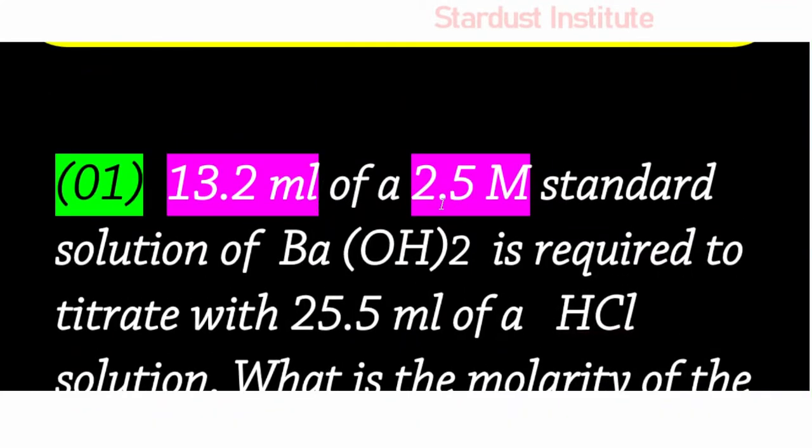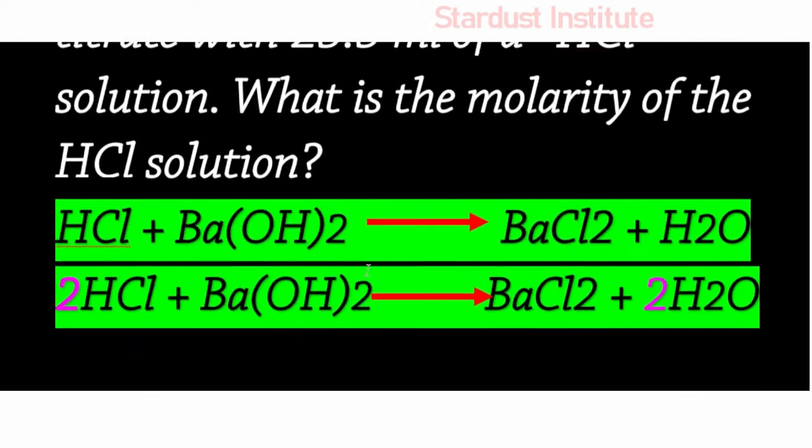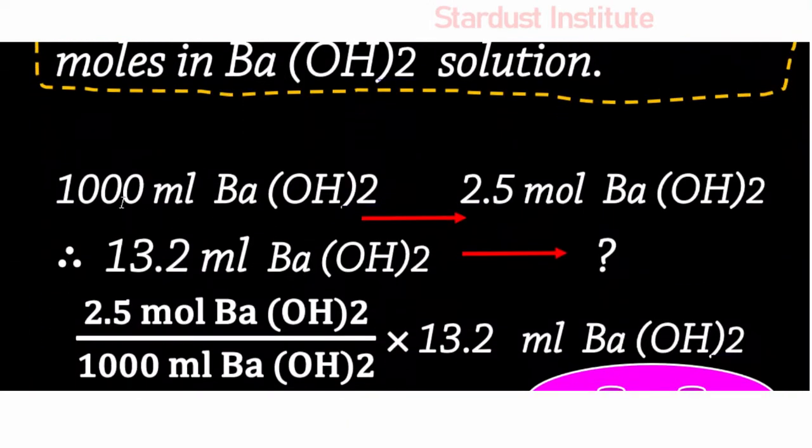Molarity of this barium hydroxide solution is 2.5. That means in 1000 milliliters of this barium hydroxide solution, there are 2.5 moles of barium hydroxide. Therefore, in 13.2 milliliters of this solution, how many moles of barium hydroxide are there?